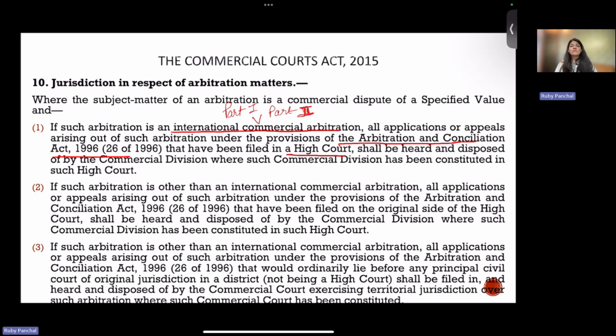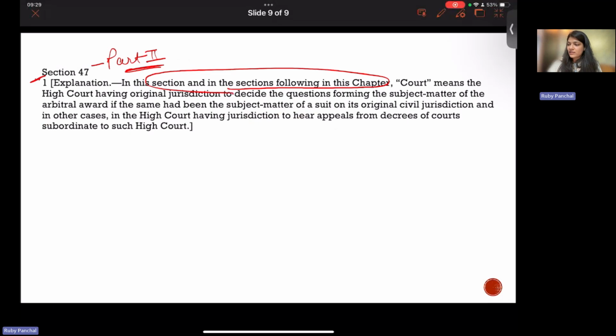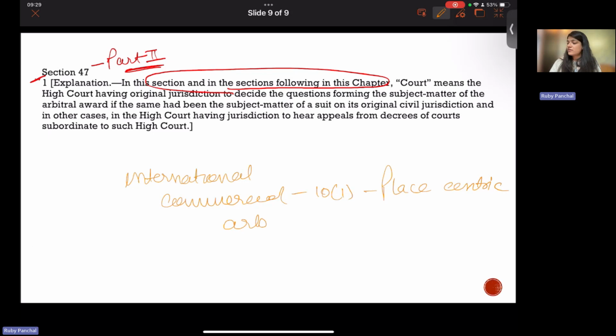It refers the matters to the High Courts. So the Supreme Court said, which means essentially, that when we are defining international commercial arbitration, even under Section 10, subsection 1 of the Commercial Courts Act, with the place-centric approach, it doesn't contradict any of the provisions, right?